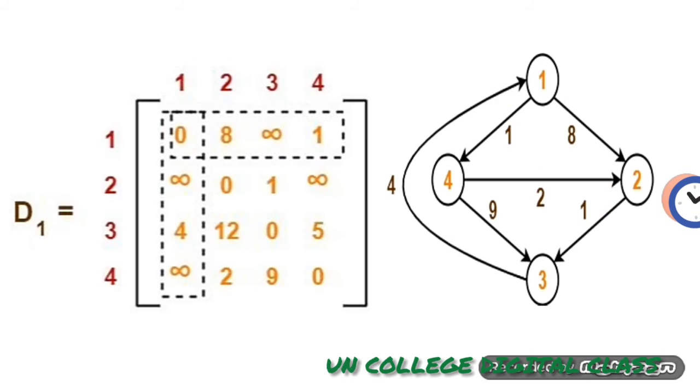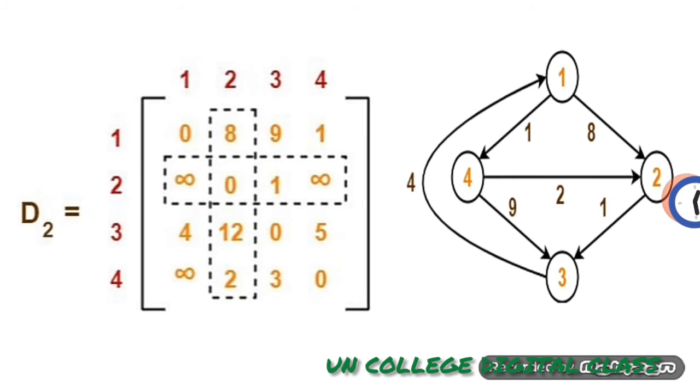It was the same for the next slide also, because in that case we are using 1 as the intermediate vertex, but when we are moving to the next vertex to use it as intermediate vertex, here we have the changed value. You can see that 1 to 1 is 0 as per the diagonal value.